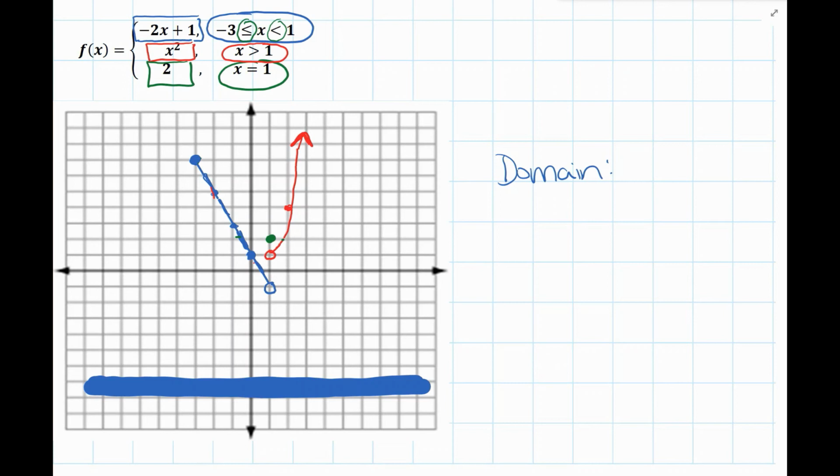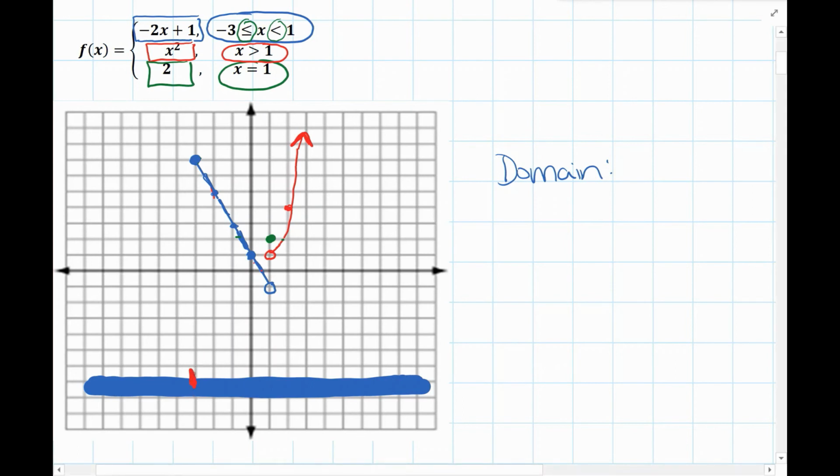So when I look at this graph, I'm trying to determine, are there any gaps, and what is the lowest and highest x value? The very lowest x value that I see, when I think about this blue line, I see it starting right here.